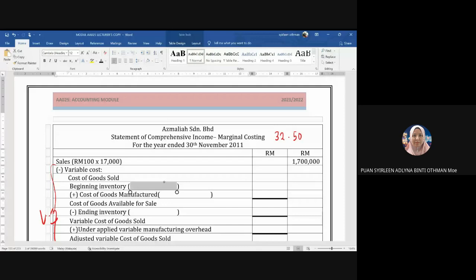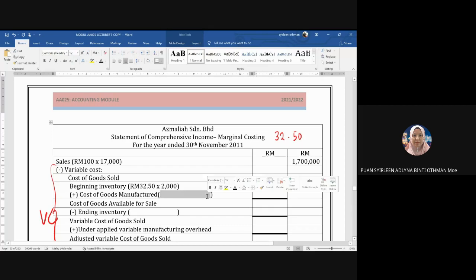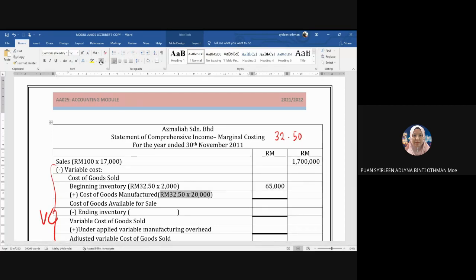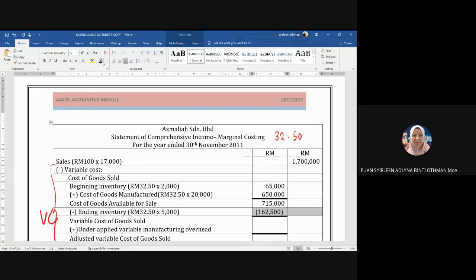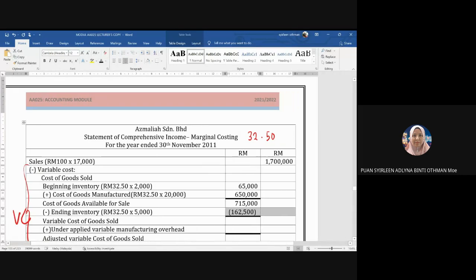Here the beginning inventory is RM32.50 multiplied by 2,000. So you get your beginning inventory of RM65,000. Cost of goods manufactured, we are still using RM32.50 multiplied by units produced, which is 20,000. So your cost of goods manufactured is 650,000. Okay, so we get cost of goods available for sale minus ending inventory. Still at RM32.50. So here you are going to get 162,500.